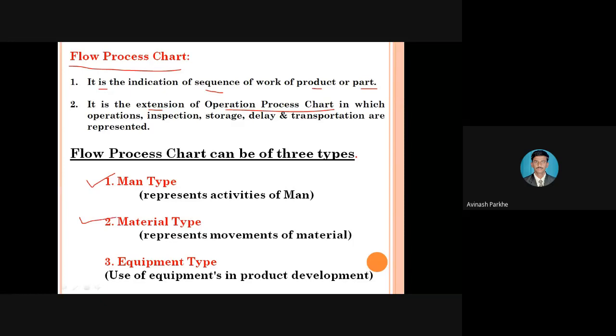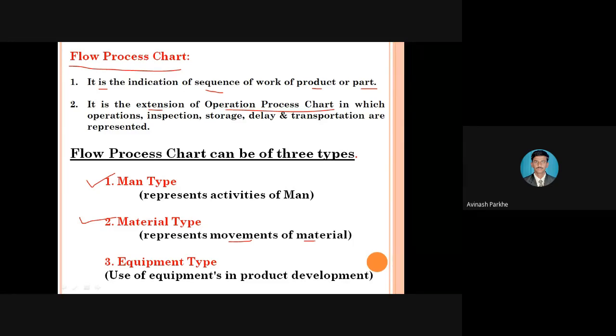Similarly, second, material. Material type means it represents the movement of the material. Movement of the material, in the sense, machine number 1, machine number 2, machine number 3. Some operations are performed on machine number 1. So all the operations performed on machine number 1 are represented by using this material type of flow process chart. After performing all the operations on machine number 1, your component, your product, is moving to machine number 2.